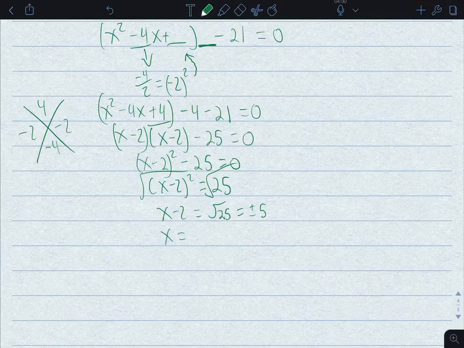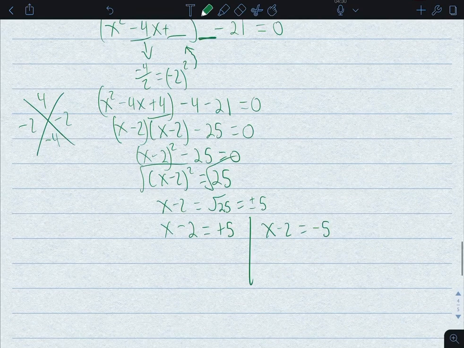x minus 2 equals positive 5, and then the other option, the negative option, x minus 2 equals negative 5. So we'll solve this for x equals 7, x equals negative 7. Nope, negative 3. So our two solutions are x equals negative 3 or x equals 7.